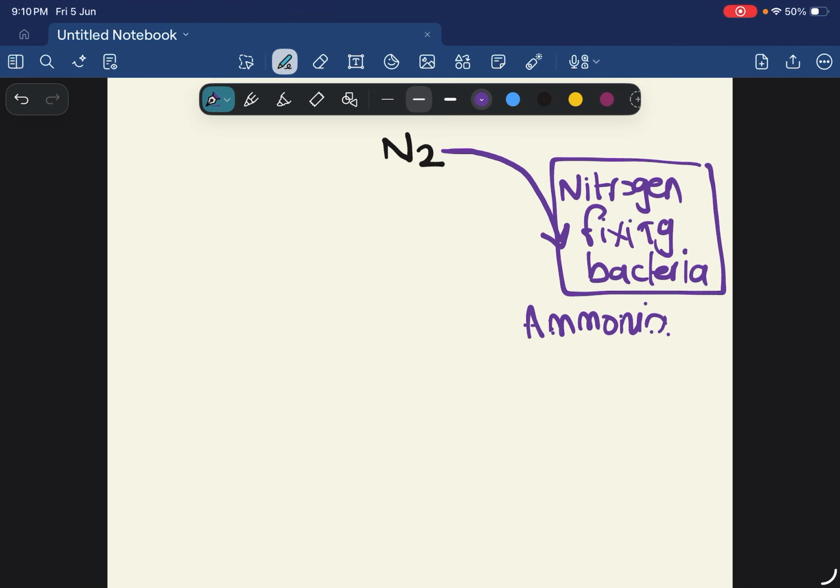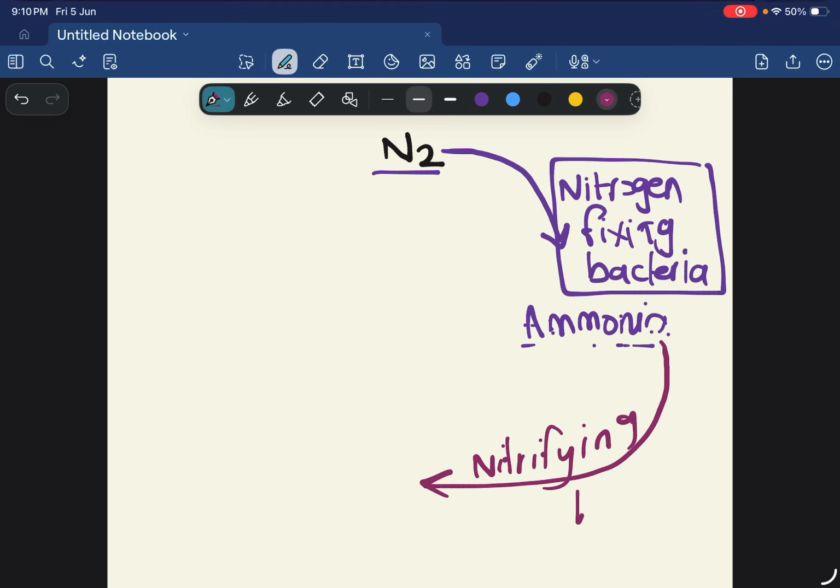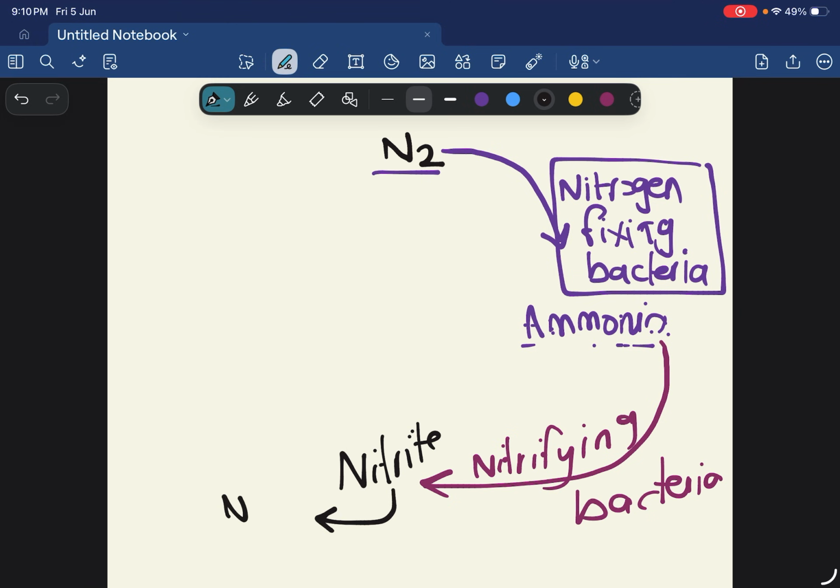After converting nitrogen from N2 to ammonia, another bacteria in the soil will work on the ammonia, which is nitrifying bacteria. This bacteria will convert ammonia into nitrite, then the nitrite into nitrate.